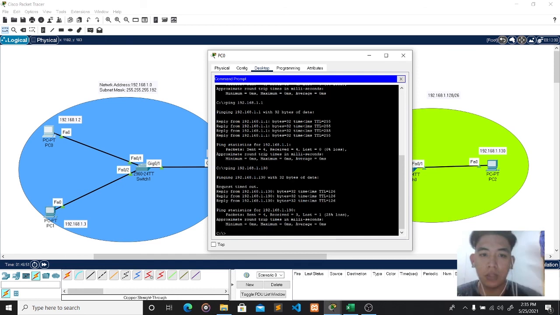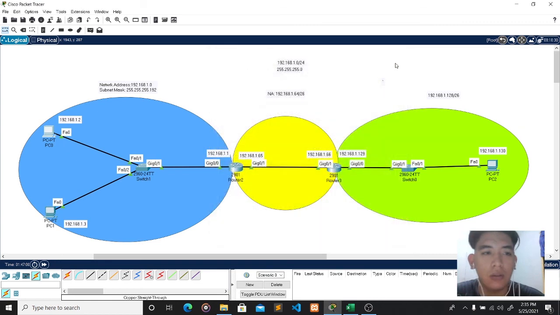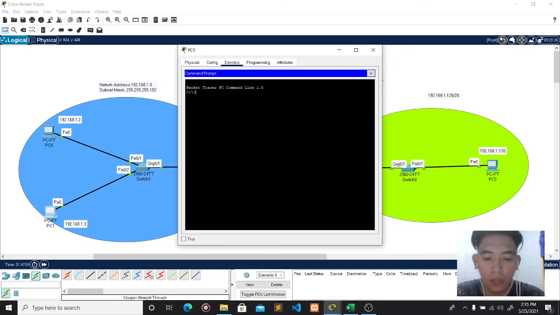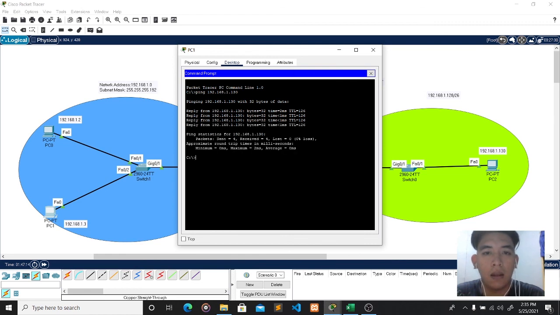Okay, so successful yung pagpiping natin, kahit na may lost na packet, pero successful pa rin yan. So, dito naman sa PC1 to PC2, ping 192.168.1.130. Okay, so successful na po yung pagpiping niya.